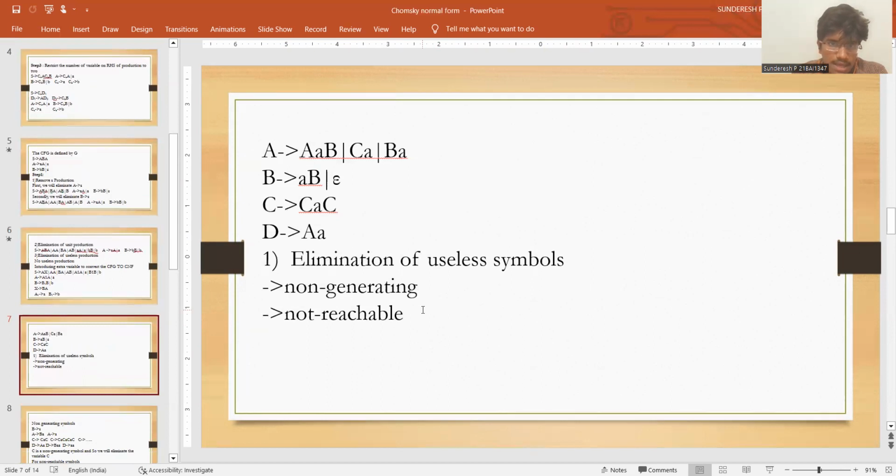Now we take an example which has some useless symbols. The first step will be the elimination of the useless symbols, the non-generating ones and the non-reachable symbols.